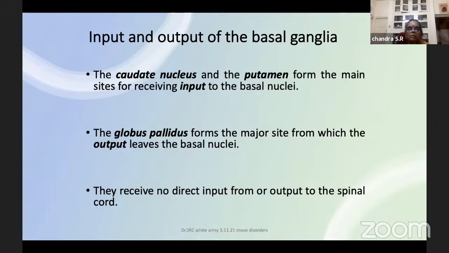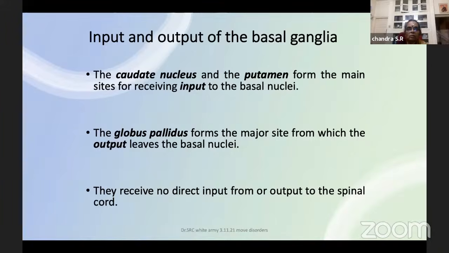So now we have seen the cortex to the subcortex, the cortical areas which connect with subcortical areas, area 4, area 6, area 8, and the sensory areas which have some importance. Then we will come to the input pathway and the output pathway of the basal ganglia. First we saw the basal ganglia structures, then we saw the cortical structures which connect to the basal ganglia.